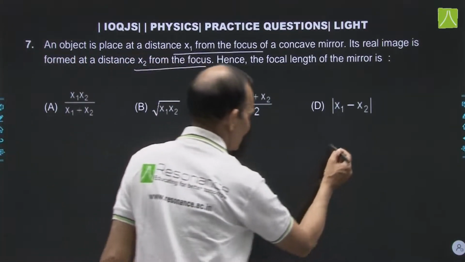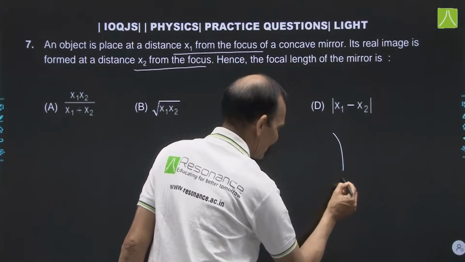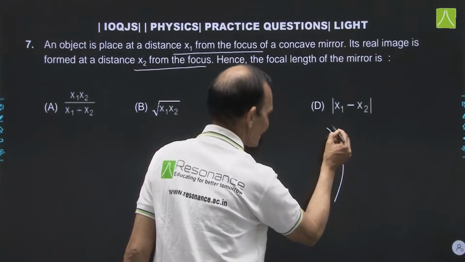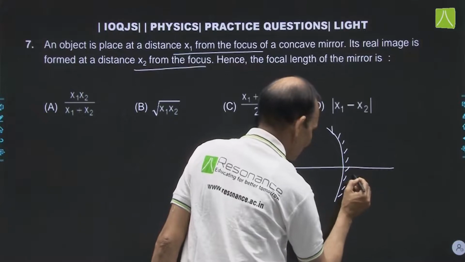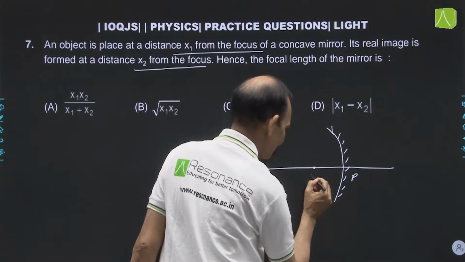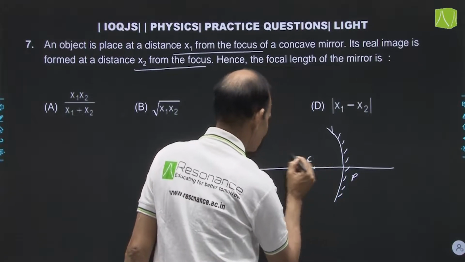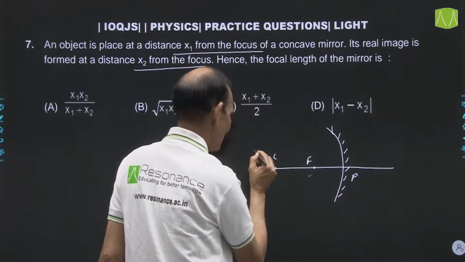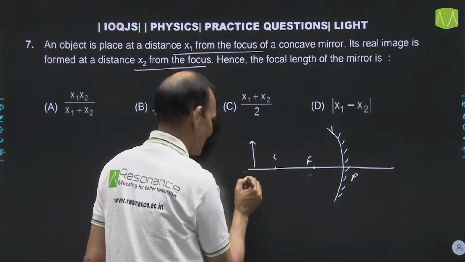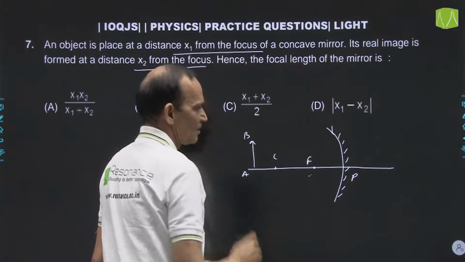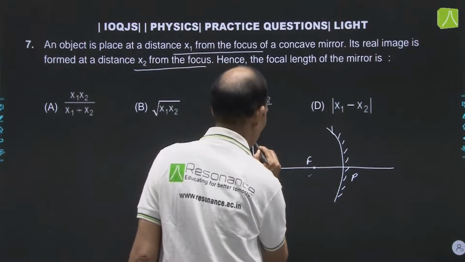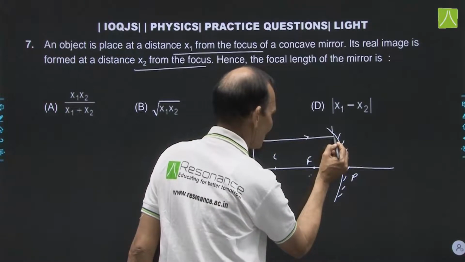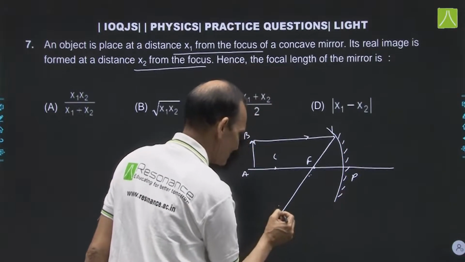Now, see here, it is the mirror. Which mirror? That is concave. It is the pole. Here is F. It is C. Suppose it is object AB. We have to form the image of this object by this concave mirror. A ray parallel to the principal axis will pass through the focus point.